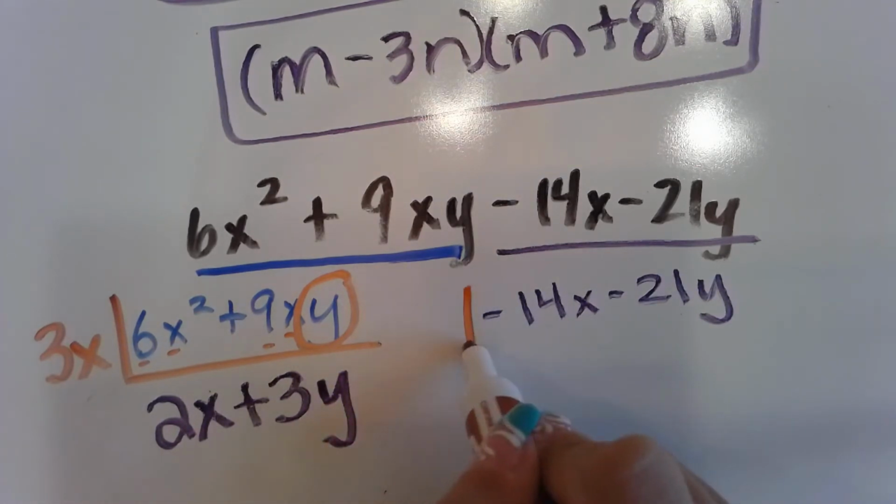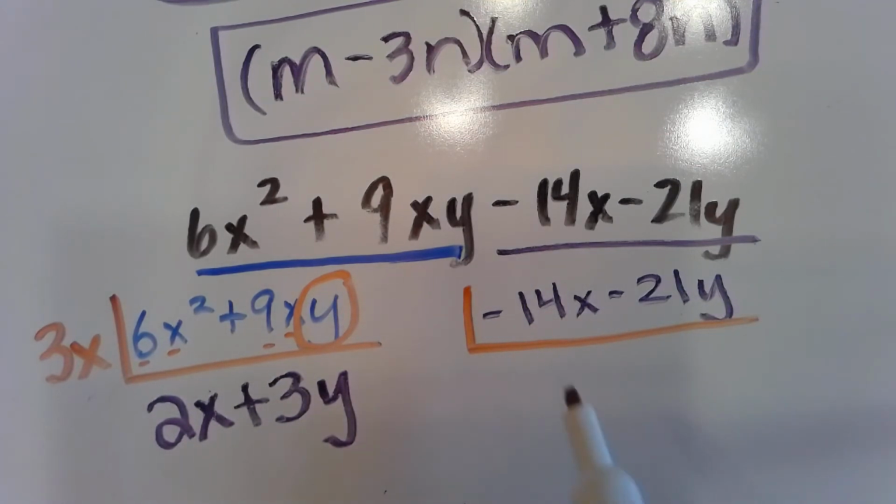Drawing in our ladder. Oh, I see a negative here. Oh no, so I'm going to pull out my negative right there. I'm just going to hold it out there because I don't like negatives in the front here, so it's coming right out. Just get rid of it. Okay, so let's look at our coefficients, 14 and 21.